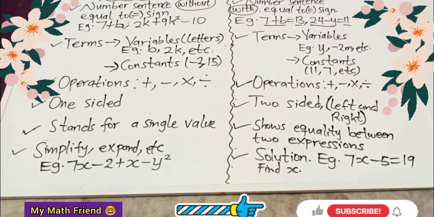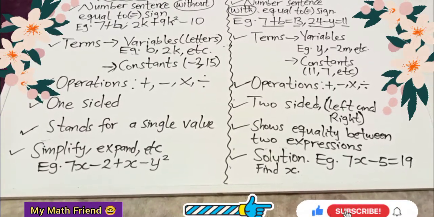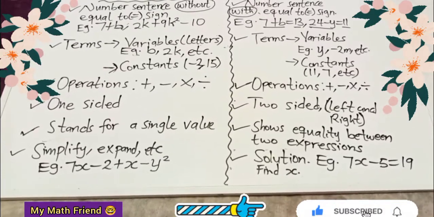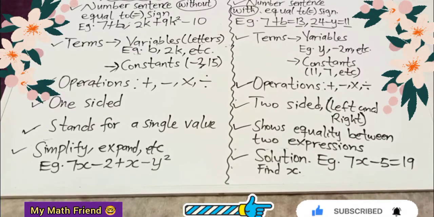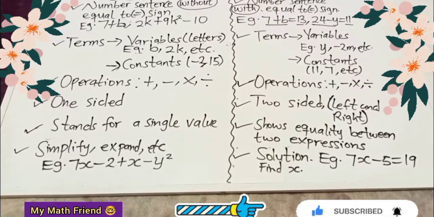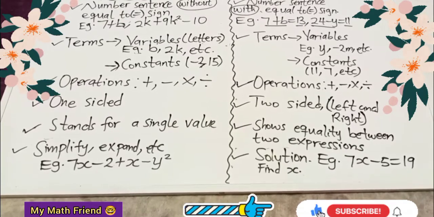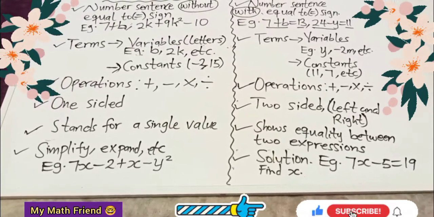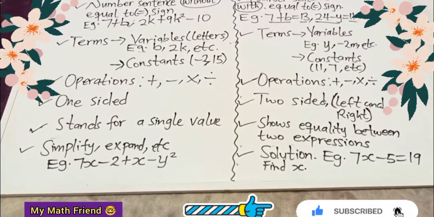That difference is that an algebraic expression stands for a single numeric value, whilst equations show equality between two expressions. Look at the example 7 plus b equals 13. 7 plus b is one expression. 13 is also another expression.